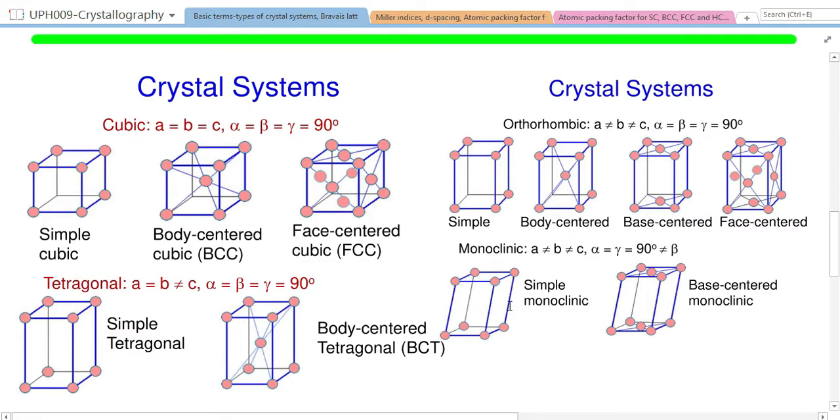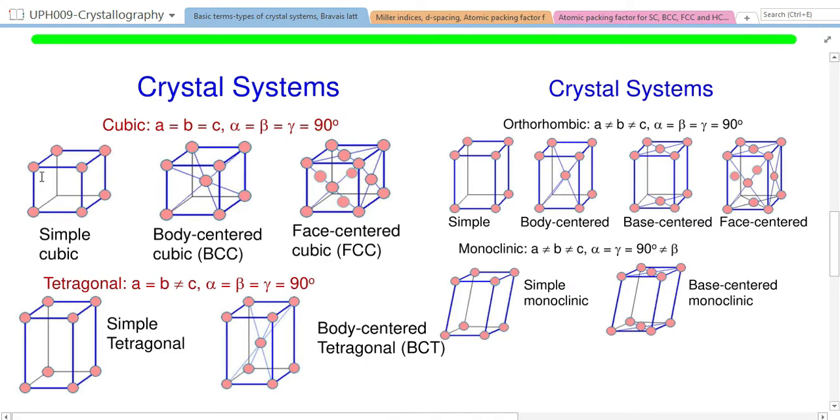And then now in this cubic crystal system, if I now arrange or put the atoms in different positions, then I get 3 different uniquely identifiable types within the cubic system, and those are called Bravais lattice.